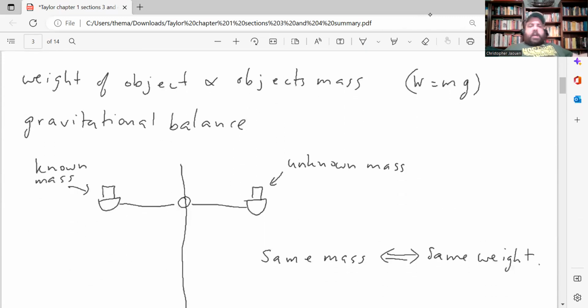Another more practical way of measuring an object's mass is by measuring its weight, because the weight of an object is exactly proportional to the object's mass. So the weight is equal to the mass of the object times this constant g, which is due to gravity.